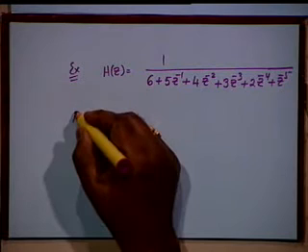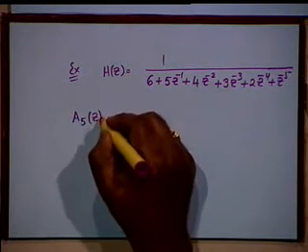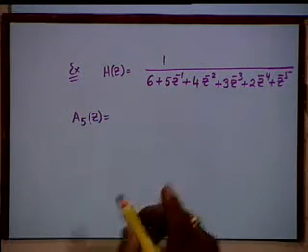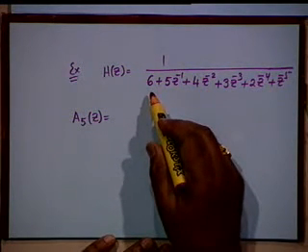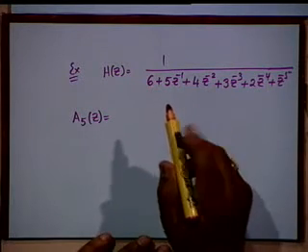So, the first thing you do is form an A_5(z). Now, you must be careful. Intentionally I have used a 6 here. You must make these two 1.